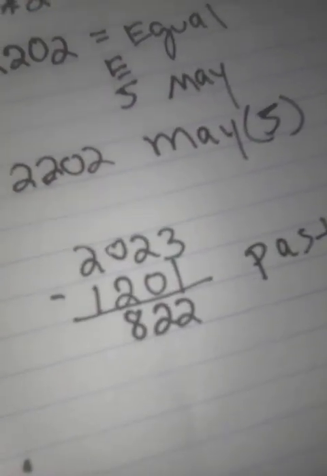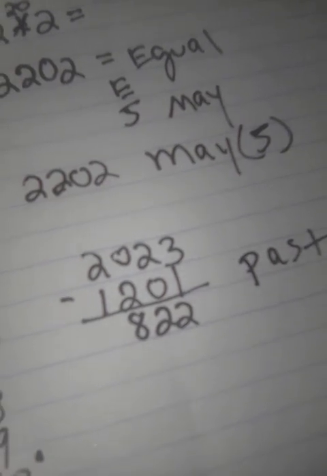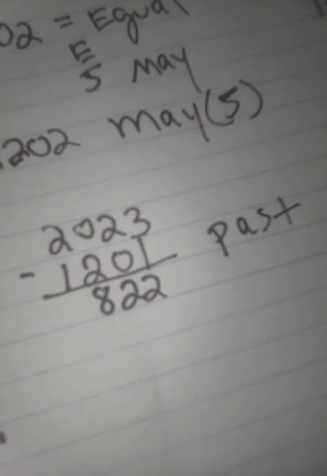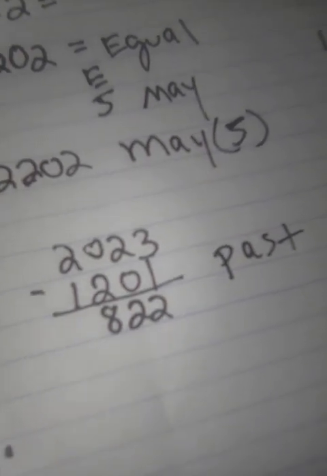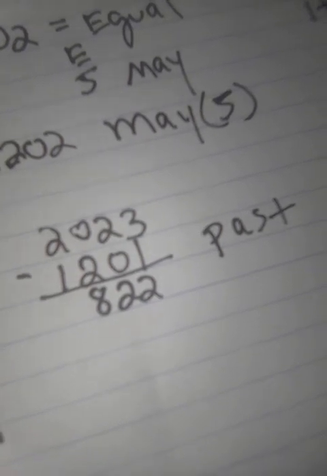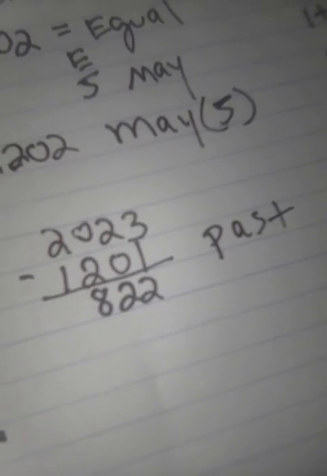That's how many years we used up already. So if you go back 1,001 years, which is 1201 from now, we used up 822 years before we hit actually 1,001 years. Wow.